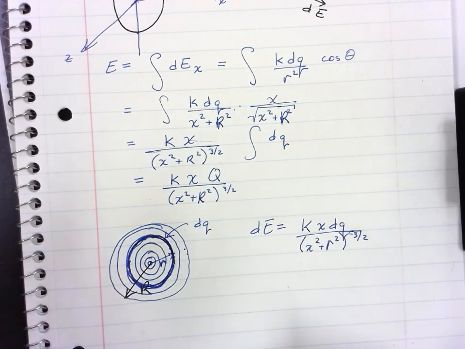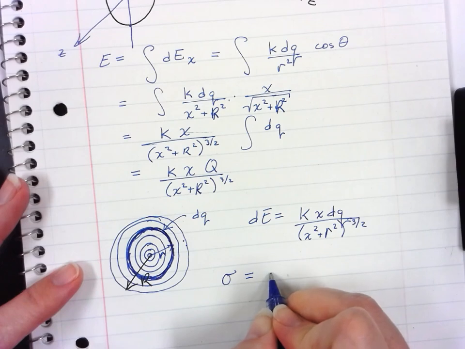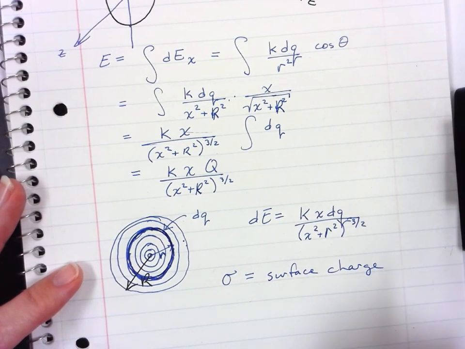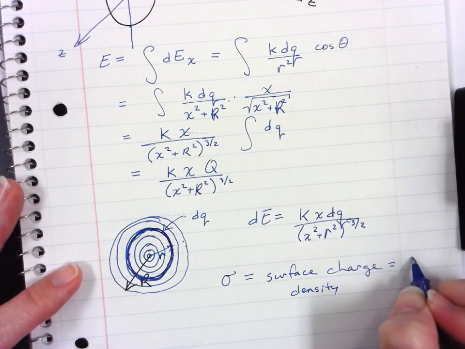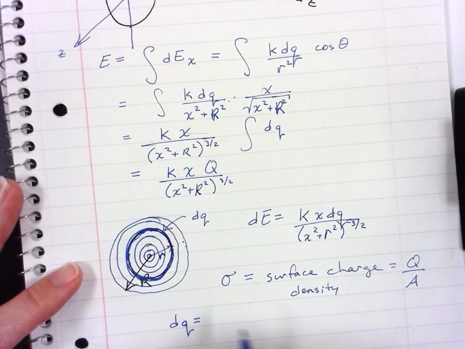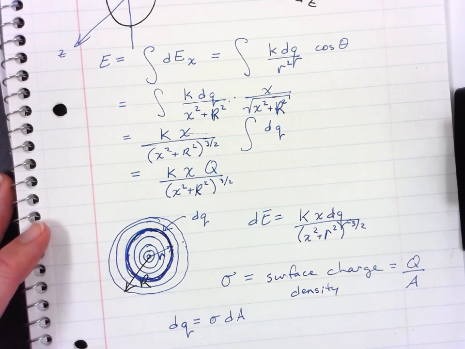So we're going to define a new quantity called the surface charge density. Well, we defined it in the other video, but surface charge density is equal to charge divided by area. So the charge dq is equal to the surface charge density times whatever the area of that little ring is. That's why I'm using dA for the expression.